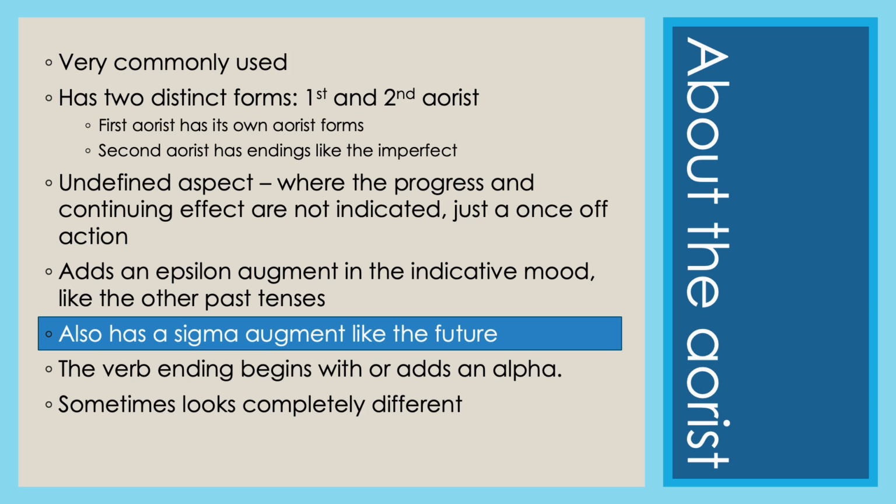You might wonder why, therefore, we are able to distinguish between the imperfect and second aorist if they both have epsilon augments, neither have the sigma augment, and they both have imperfect endings. We do that because the stem is different and the second aorist has its own set of stems, just to remind you of that.